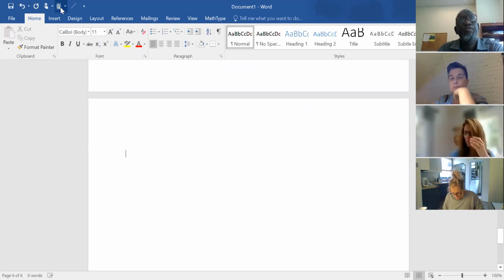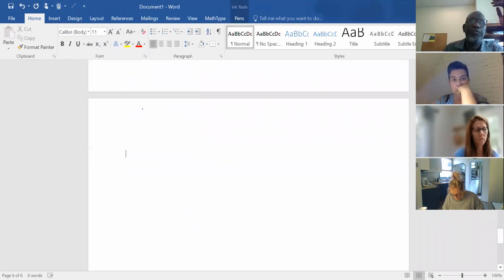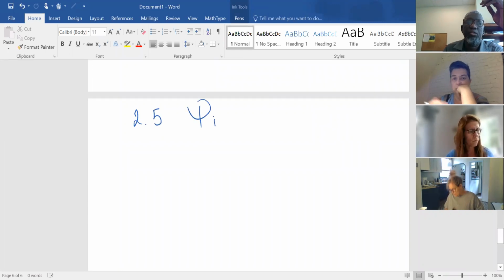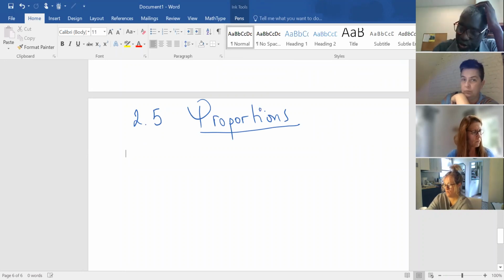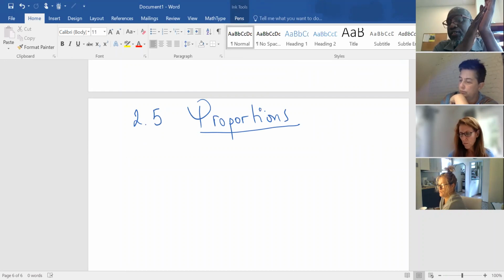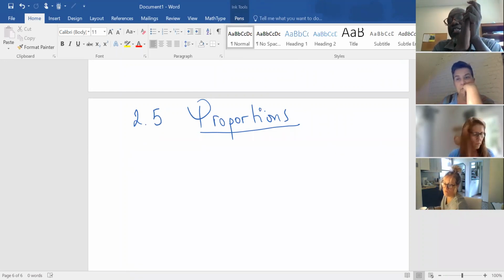So 2.5 is proportions. Even in our daily life, it's very important to understand how proportions work, right? So let's say, for instance, you have your son or your daughter, right?